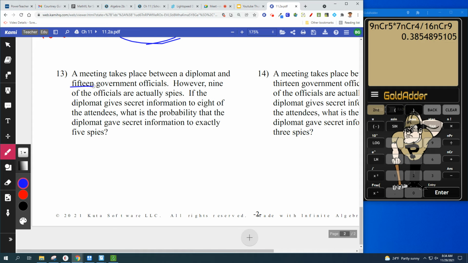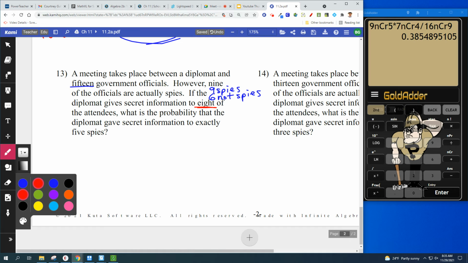So 15 government officials, and when it says 9 of them are spies, there's an implication that 6 of them are not. That's something you would need to think about. 15 government officials, 9 spies, 6 are not. So he gives secret information to 8 of the attendees.